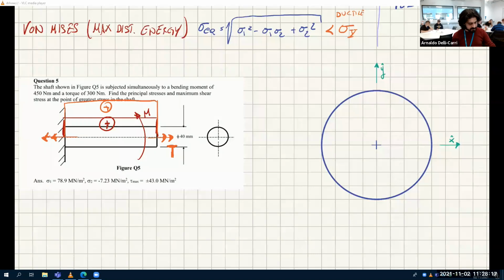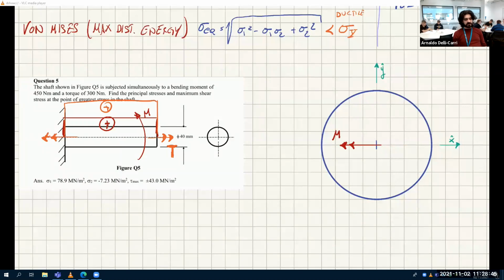Let's say this bending moment is around X. So this bending moment is acting around this axis. Actually, it's the other way around because it's bending up. So which one is the neutral axis?